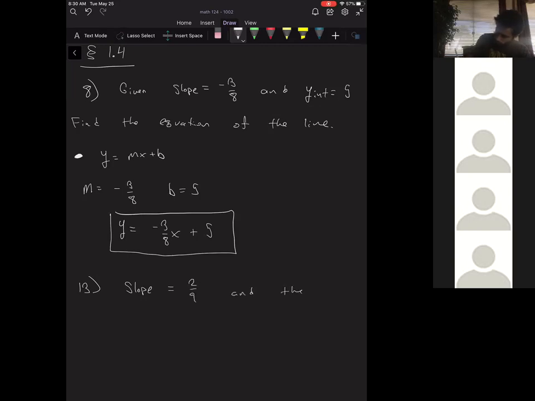And the line passes through 3, 7. So it doesn't give us the y-intercept. It just tells us that it passes through this point. So just find the equation of the line.